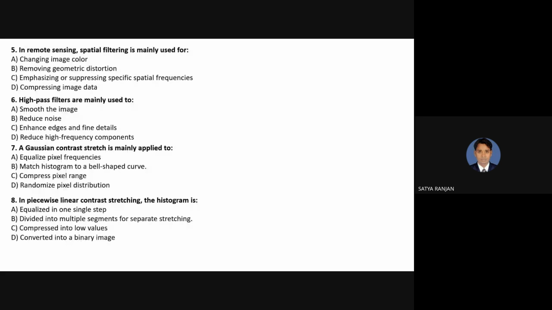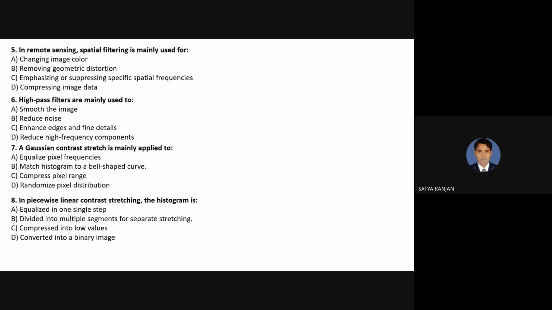Then, Gaussian contrast stretch is mainly applied to... So Gaussian is matching the histogram to a bell curve. That is the B answer. Then, in piecewise linear contrast stretching, the histogram is equalized in one single step, divided into multiple segments for separate stretching, compressed into low values, or converted into binary.